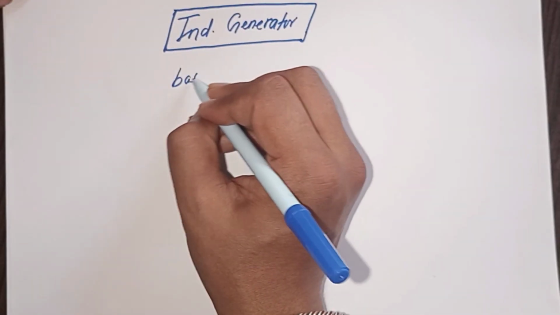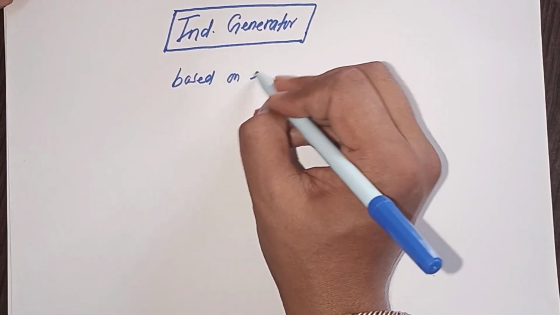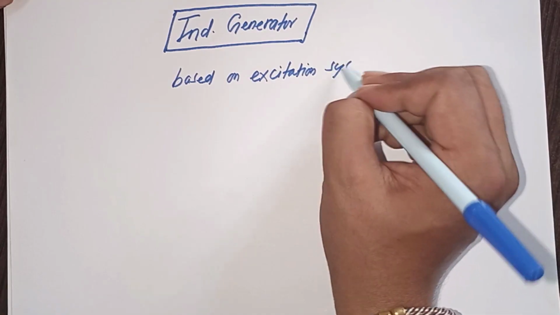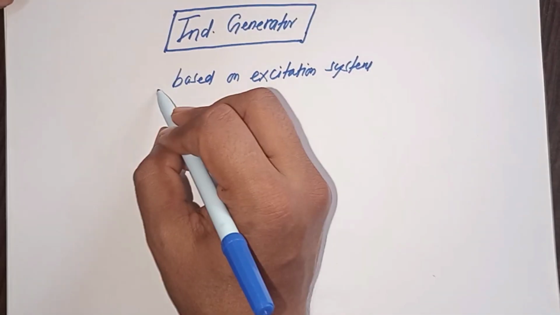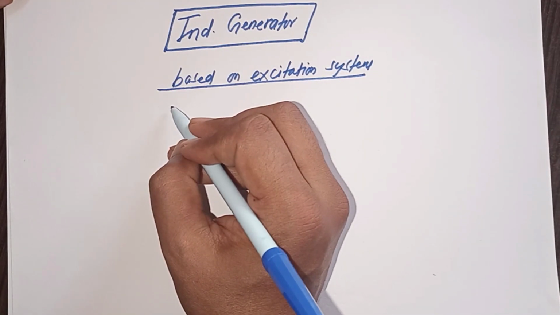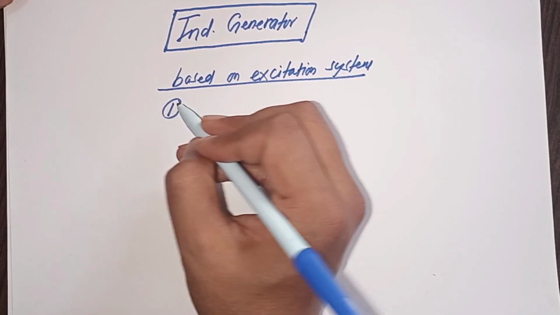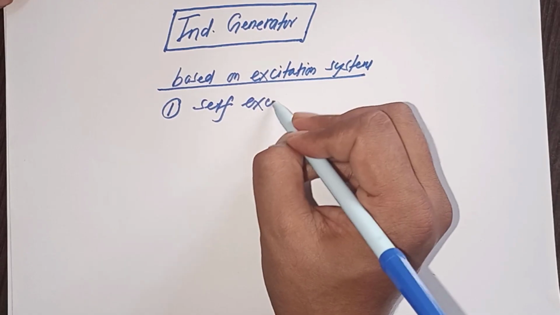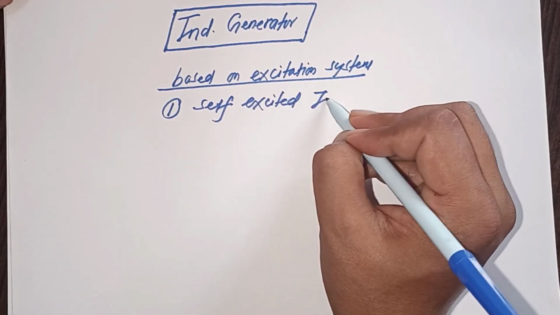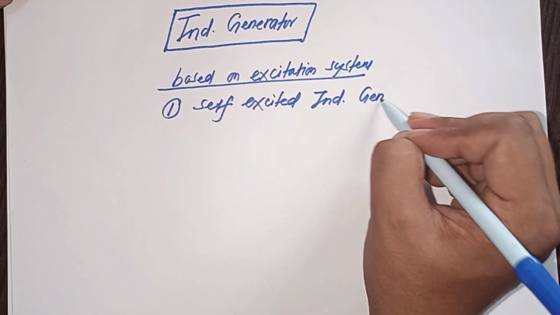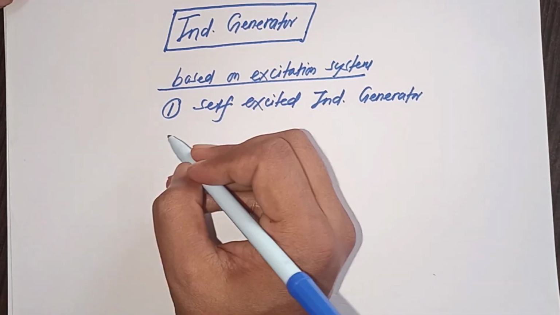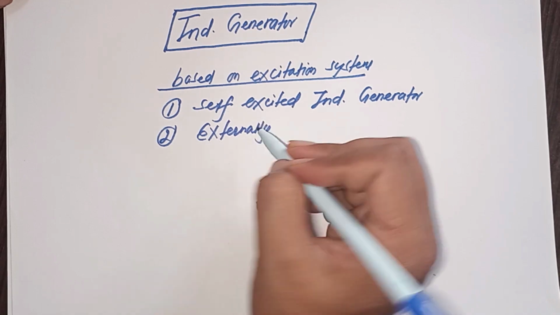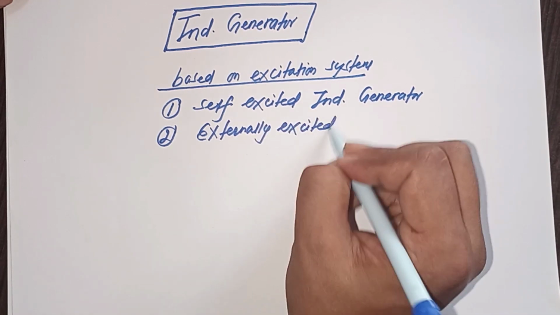Based on excitation system, induction generator can be classified into two categories. First is self excited induction generator, and second is externally excited induction generator.